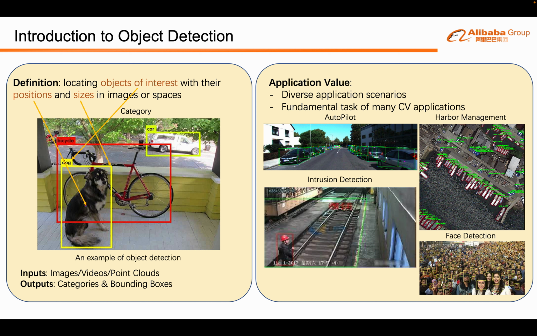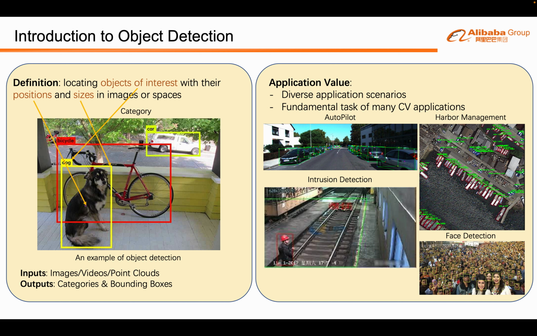The application scenarios are diverse. For example, we need to detect cars and pedestrians in the autopilot scenario. We need to detect buoys in harbor management systems using object detection methods. These are examples of direct application of object detection. Besides, it's a fundamental task in many industrial computer vision applications.